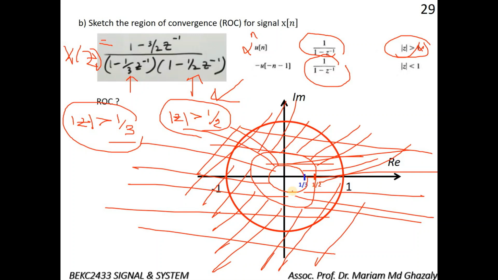Because z more than 1 over 3 is overlapping with z more than 1 over 2. So the final answer for the region of convergence for signal xn is z more than 1 over 2, based on the overlapping area. Okay, so the answer is z more than 1 over 2.